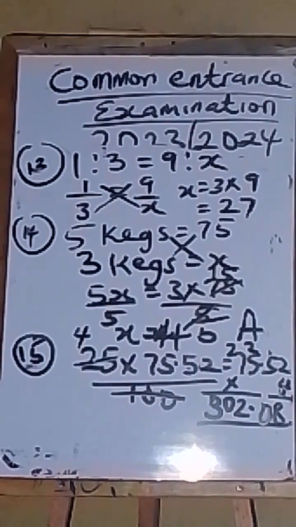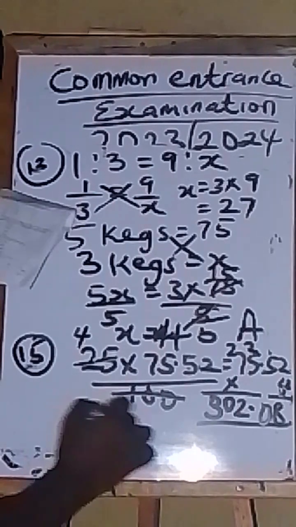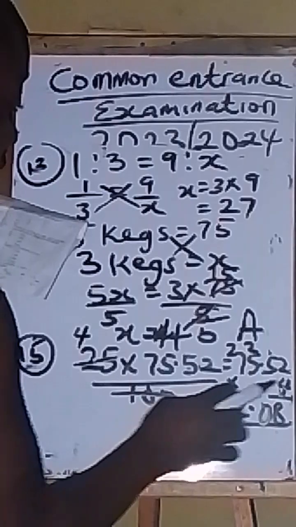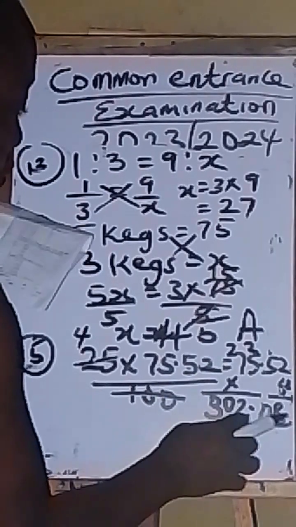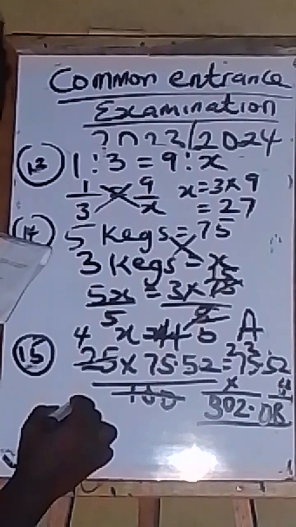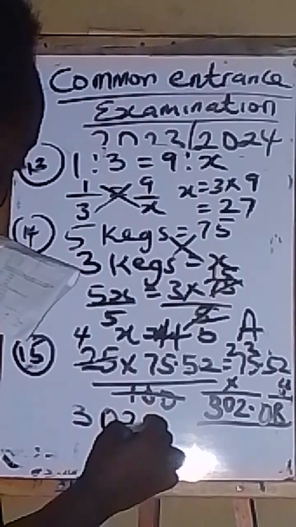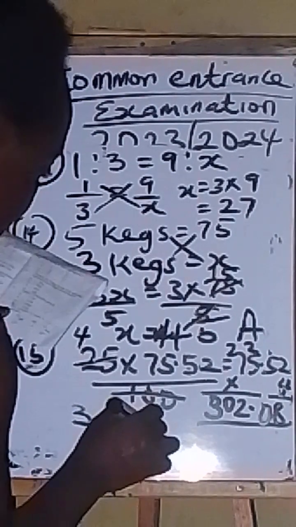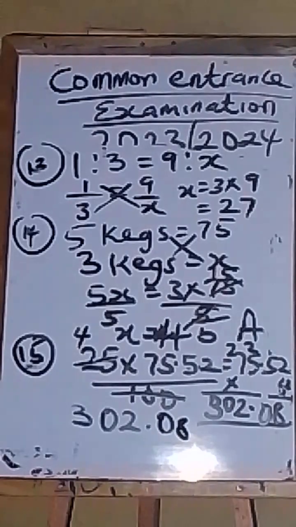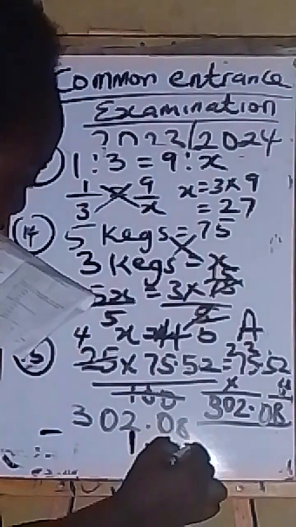So you now subtract it. At the end of the day you count the decimal places: 1, 2. So we have 302.08 minus 1.137.